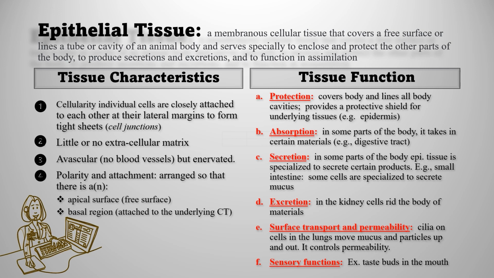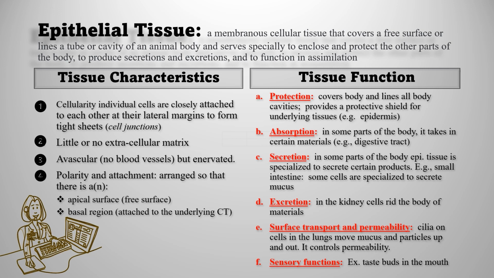So we have six functions. In protection, it covers the body and lines all body cavities, providing a physical protective shield for underlying tissue. An example of this is the epidermis. Absorption: in some parts of the body, it takes in certain materials. The best example for that is the digestive tract.